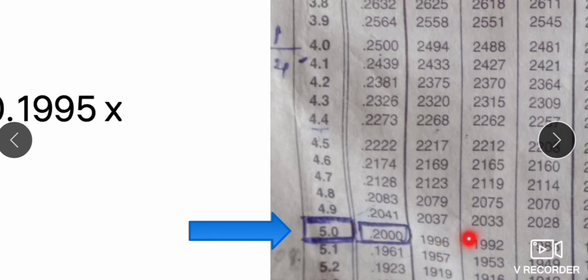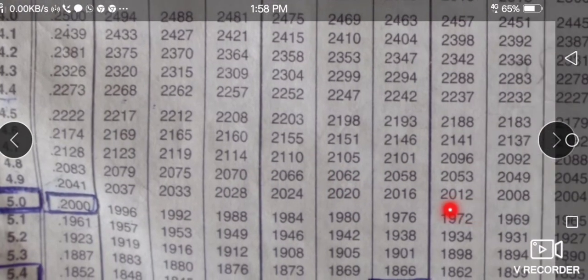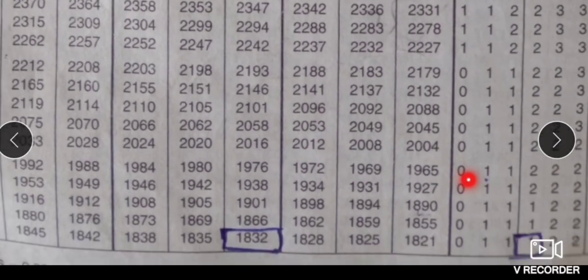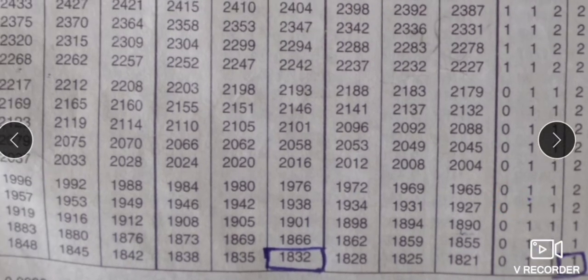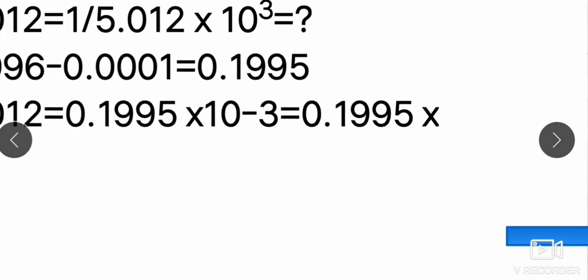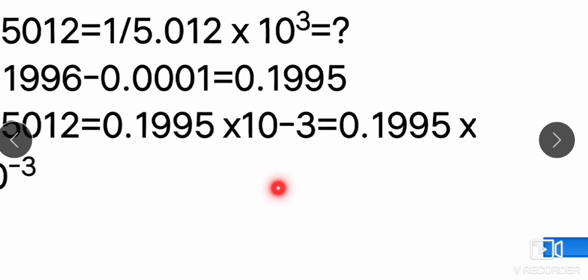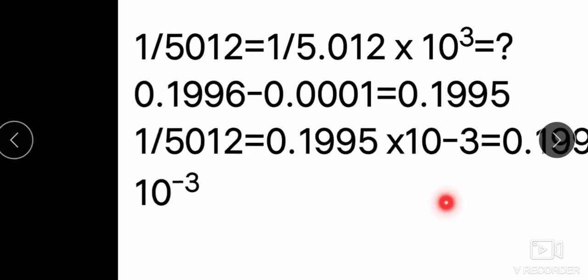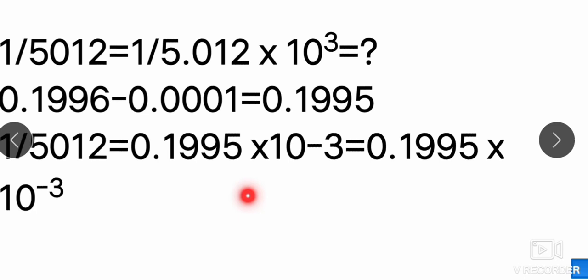The value of 5.0 in column 1 is 0.1996 and in column 2 it is 0.1995, so subtract 0.001 and we get the value 0.1995 in the log table, and multiply this by 10 raised to minus 3.